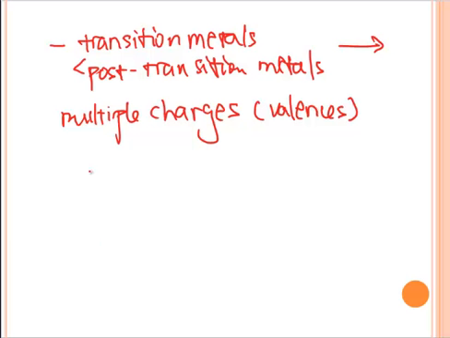So then we have to use the cation and the Roman numeral inside the parenthesis to indicate the charge. For instance, if it's 3, that will be equivalent to X 3 plus.